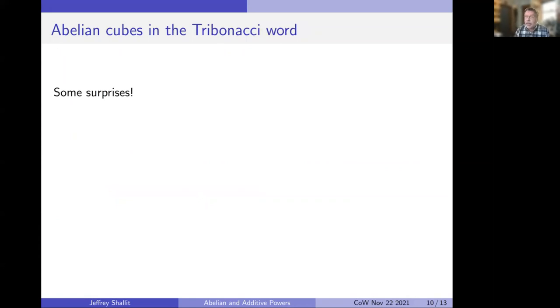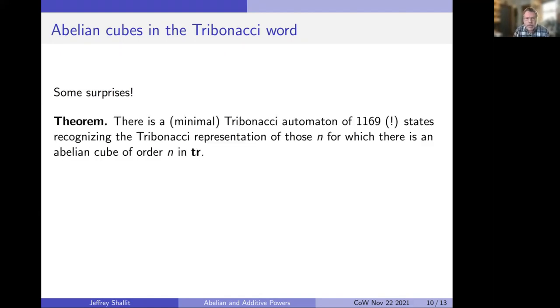And then I computed abelian cubes in the Tribonacci word. So here I was surprised by the answer, and maybe you will be too. Here's the theorem. There is a Tribonacci automaton of 1169 states that recognizes the Tribonacci representation of those n for which there's an abelian cube of order n in the Tribonacci word.